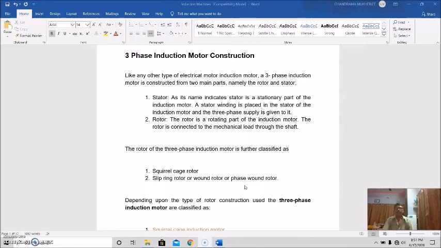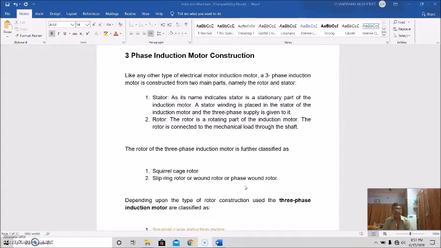And the second part is the rotor, which is the rotating part, to which the mechanical load is coupled or connected through the shaft. The rotor is further classified into two types: squirrel cage rotor, and the slip ring rotor, which is also called a wound rotor or phase wound rotor.